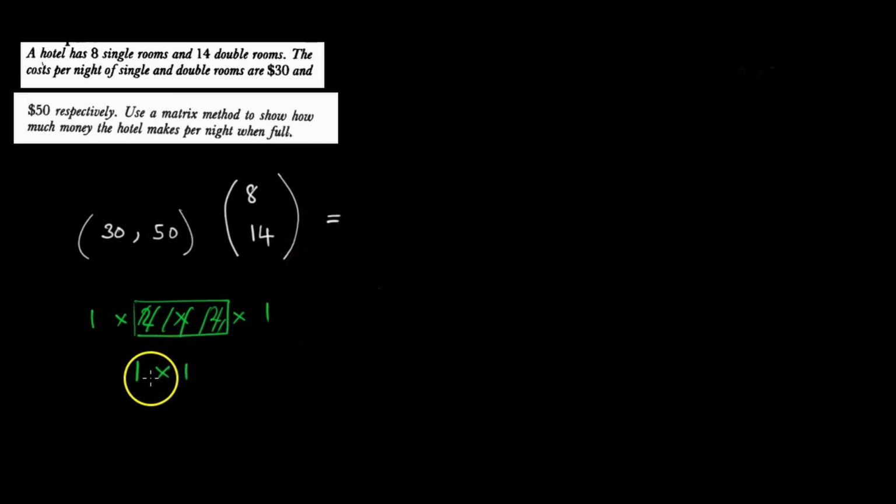So here, we know that this should be a 1 by 1. Correct, it's 1 row times 1 column. It's a single number. We are going to be multiplying 30 times 8, as should be done, because for 8 single rooms, 1 room costs $30. To know the total amount, it's 30 times 8, and this should add 50 times 14.